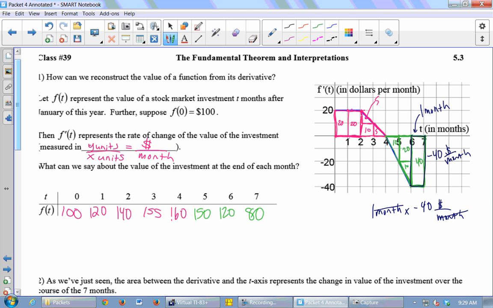Months cancel, and we get a loss of $40. So these are f prime units times time units gives you y units, your original y units.